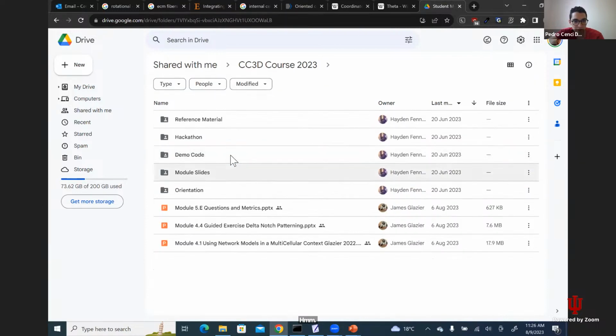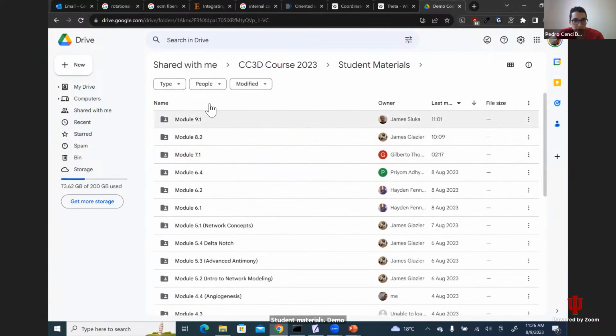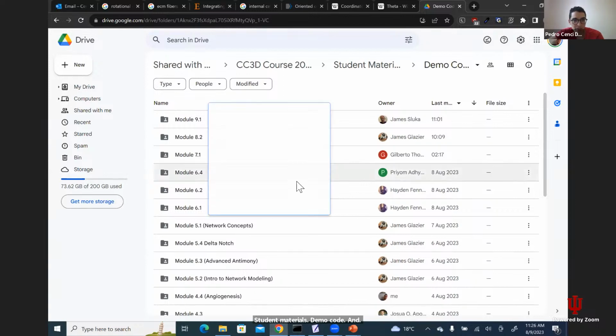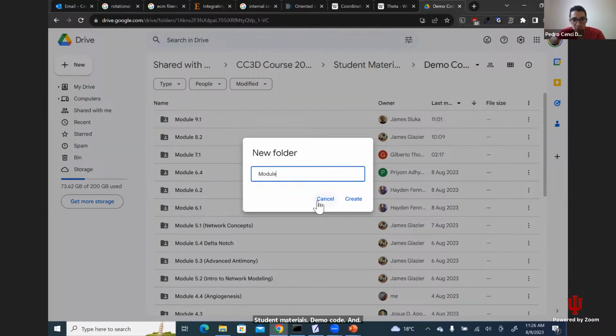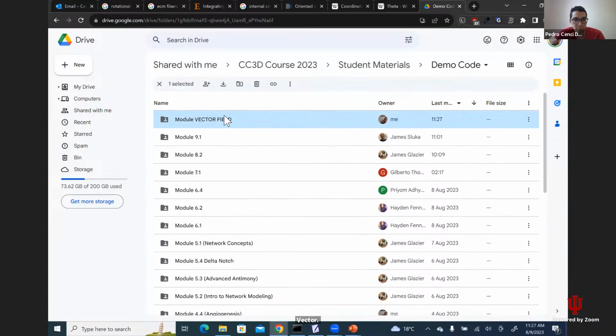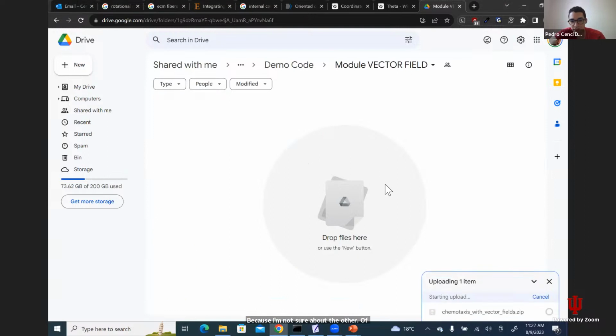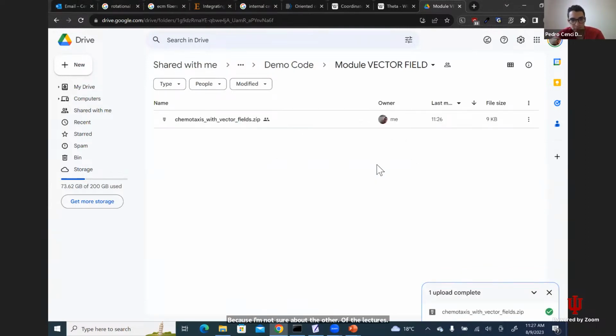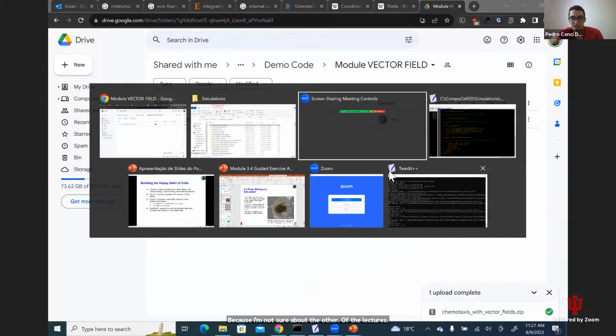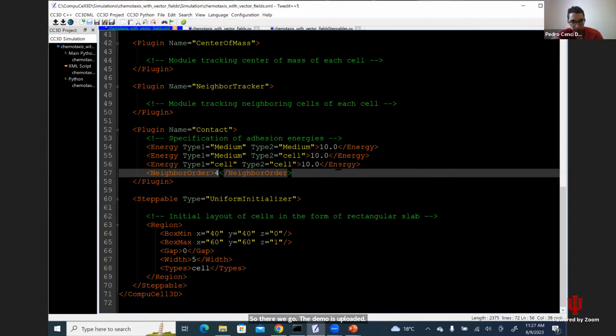Student materials, demo code, and I'll create a, I think, module 9.1, but I will specify because I'm not sure. So no, I'll call it model vector field, because I'm not sure about the order of the lectures. So there we go. The demo is uploaded, and let's go back to the code.